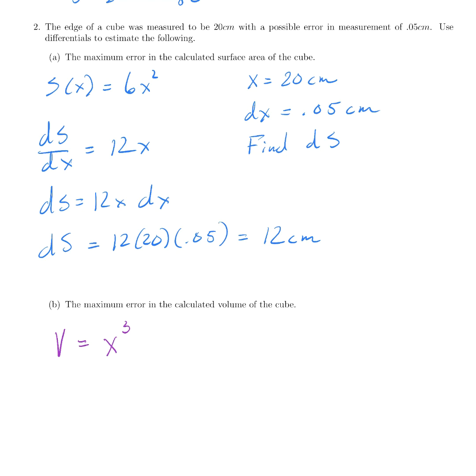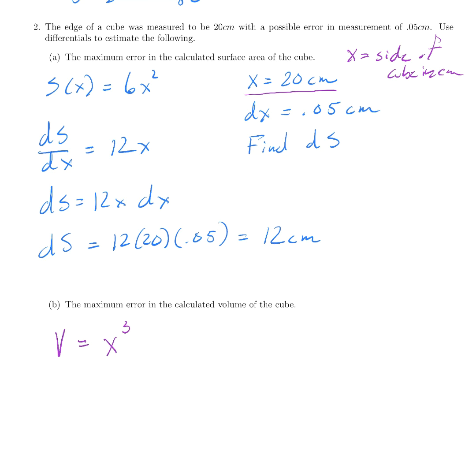Okay, if we let x be the side of the cube in centimeters, so x is 20 centimeters. The possible error in measurement is 0.05 centimeters, so that's a small change in x. And we want to find the maximum calculated surface area error. And we'll call surface area S here. The surface area as a function of the side length.